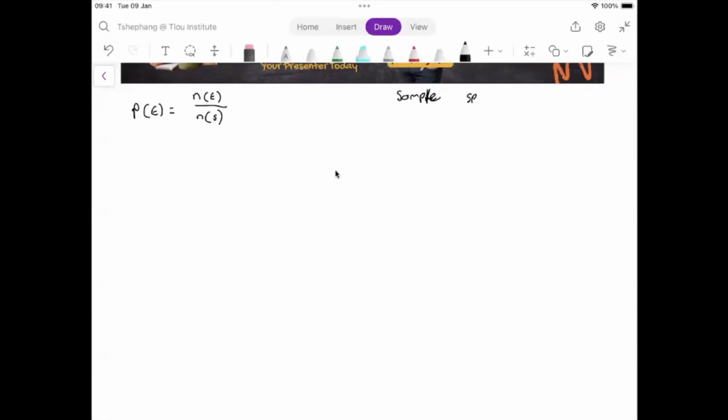So sample space is just the total number of outcomes. Now, let's make it easy for ourselves. Let's think of a coin toss.